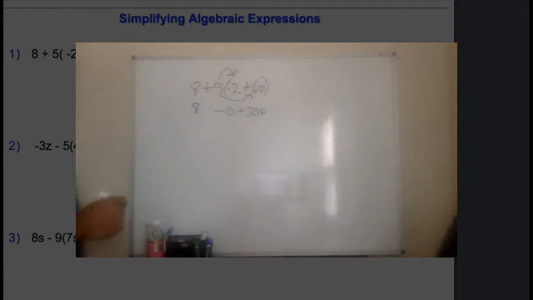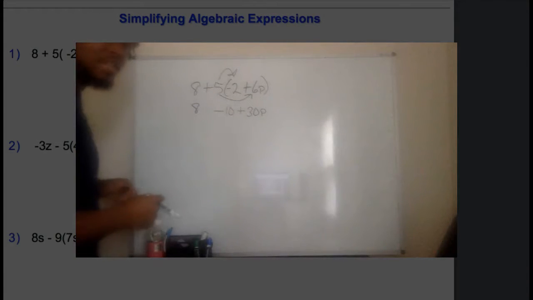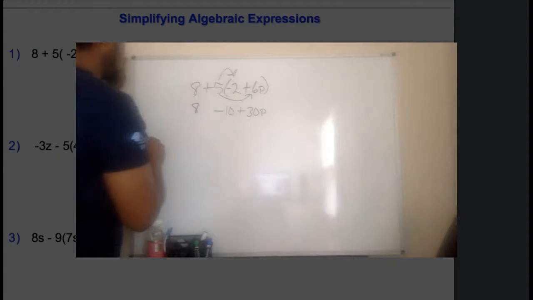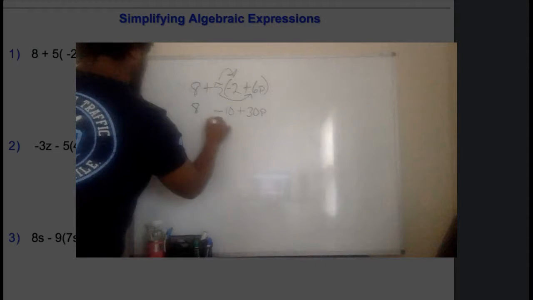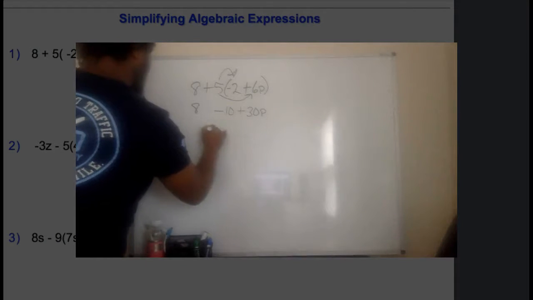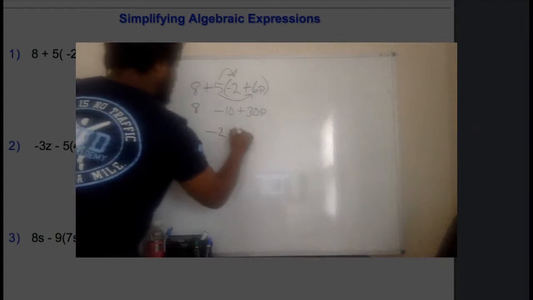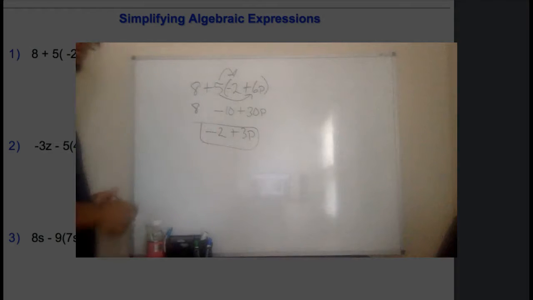Now we can simplify this expression. We combine our like terms like last week's assignment. That gives us a negative 2 plus 30p. And that's our answer.